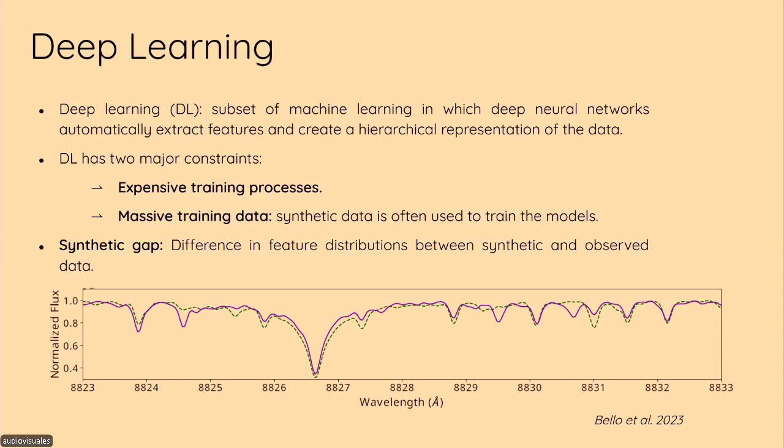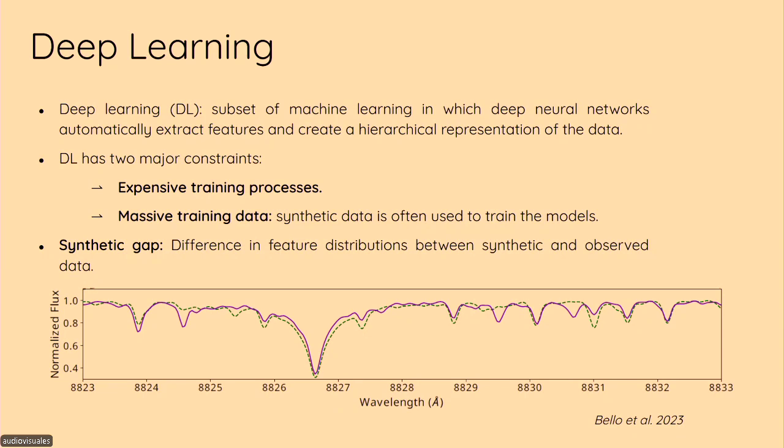And this is what we know as synthetic gap, which is just the difference in feature distributions between the synthetic and the observed data. And here you can see an example in the figure. This is a wavelength section of one of these high-resolution spectra that we are using in our research.